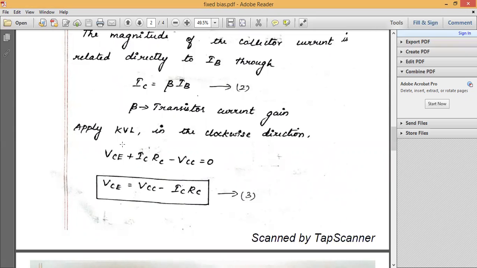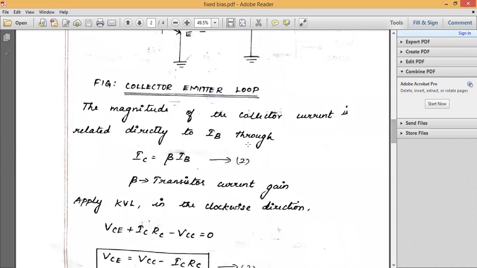From this equation, we can obtain the collector emitter voltage VCE. So VCE is equal to VCC minus IC into RC. Now, the magnitude of collector current is related directly to IB through IC is equal to beta into IB. IC is the collector current and IB is the base current. So beta is nothing but the transistor current gain.